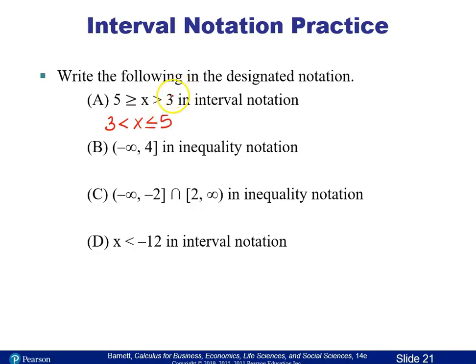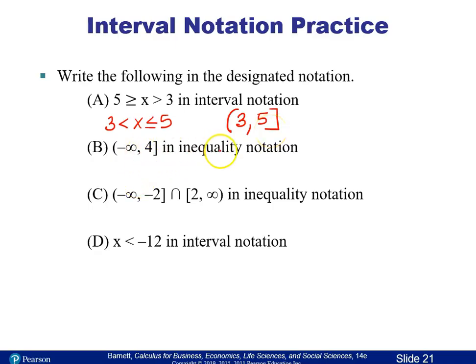That's just turning the whole thing around so that my smaller number is first. So then in interval notation, it's everything between 3 and 5, not including the 3, but including the 5. The 3 didn't have the line, so it gets a parenthesis, and the 5 did have it, so it gets a bracket.